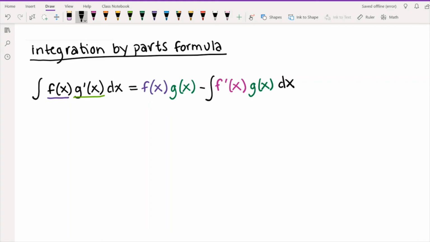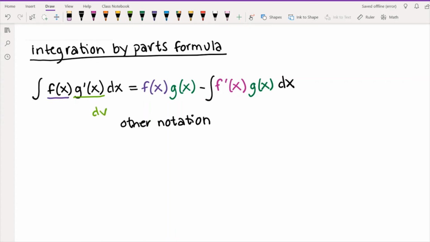So the other notation is much more commonly used actually, but I like to start with this notation just because I think it's a little clearer. It's what you're more used to. The other notation that is frequently used is we'll call the function f of x, the function whose derivative you're taking, we'll call that u. And then we'll call not just g prime of x, but this whole thing here, we'll call that dv.